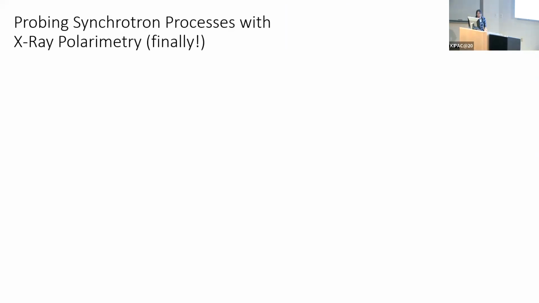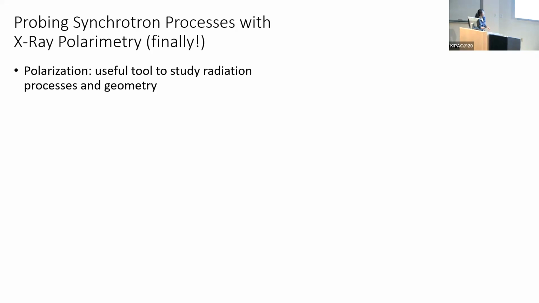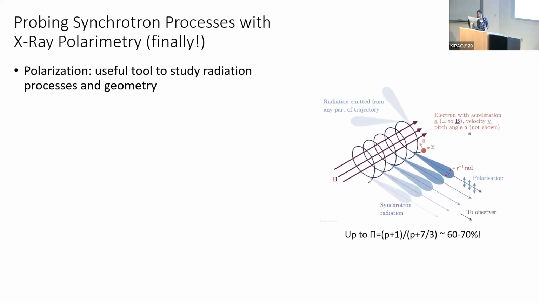Now, earlier I mentioned that these objects have very high linear polarization, which means that polarization can be a useful tool to study them. The reason they have such high linear polarization is a process called synchrotron radiation.